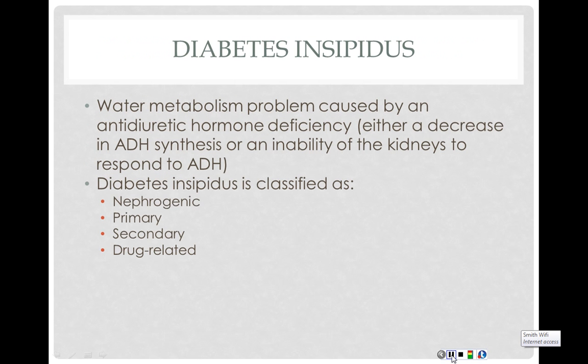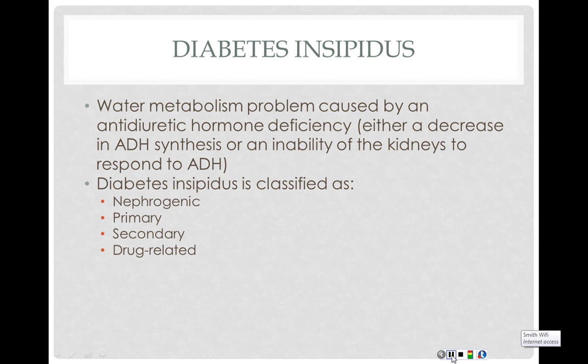So diabetes insipidus, as it says here, is a water metabolism problem caused by an antidiuretic hormone deficiency. So either the person has a decrease in ADH synthesis, or they have an actual inability of the kidneys to respond to ADH.